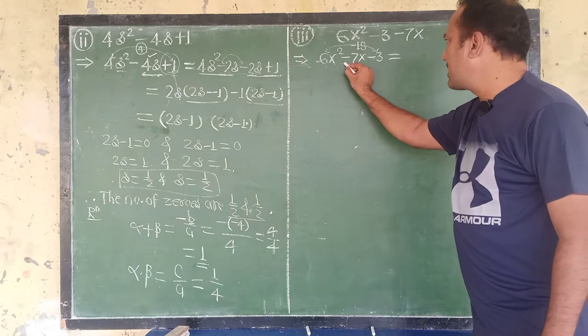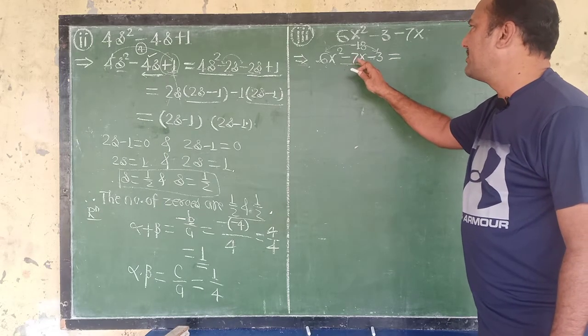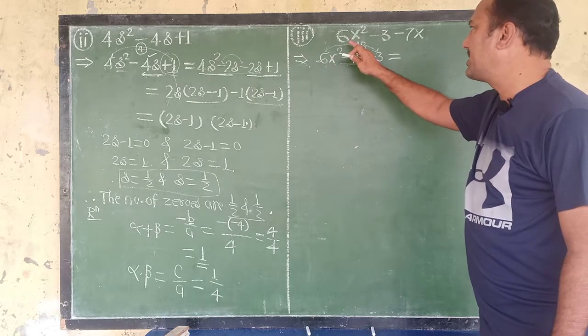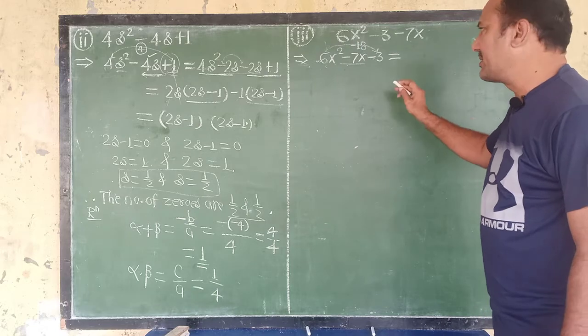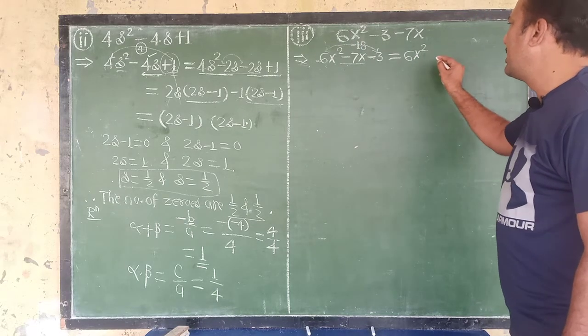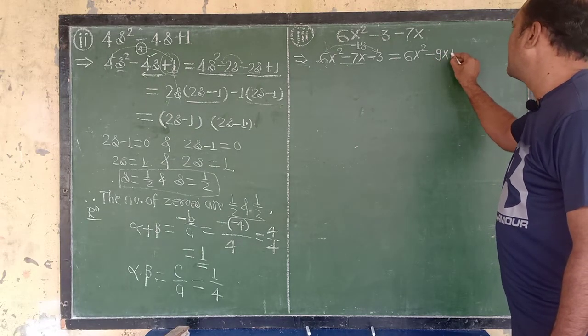Now we have to factorize minus 7x. If we add, we get minus 7x, and if we multiply, we get minus 18. Then 6x square, now minus 9x plus 2x.